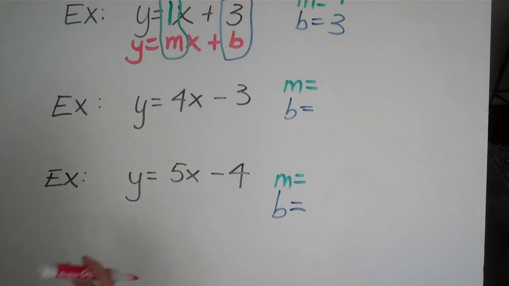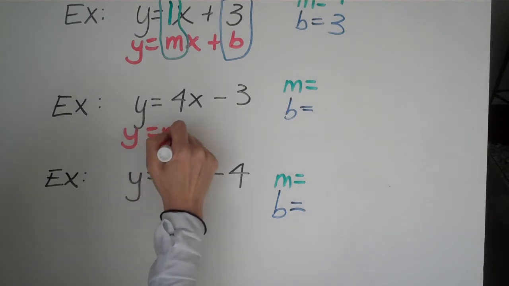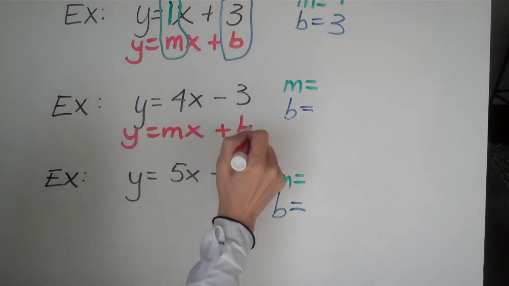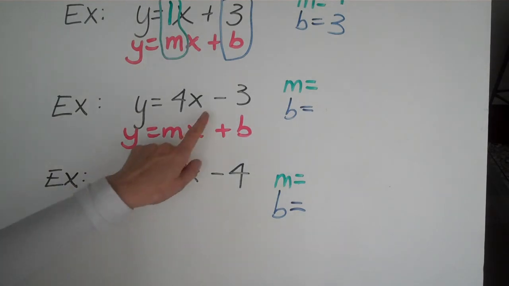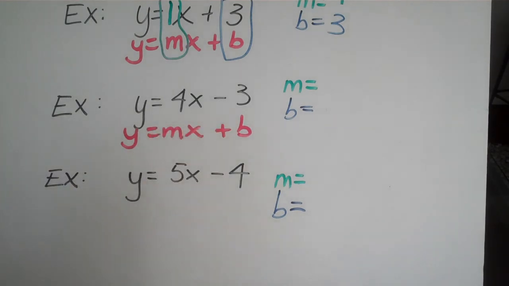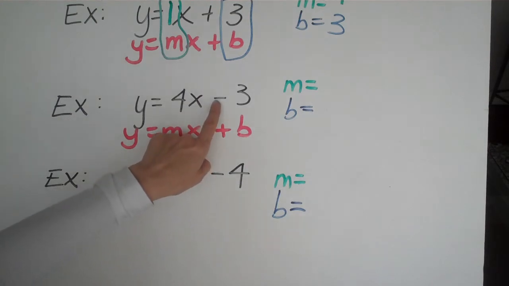Let's do another one. In this one, let's write our equation, y equals mx plus b. Now in this one, you notice there's a minus sign up here. And please keep in mind that adding a negative is the same as subtraction.